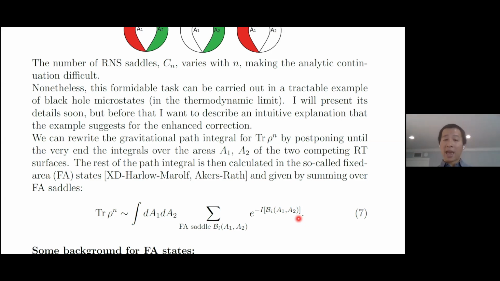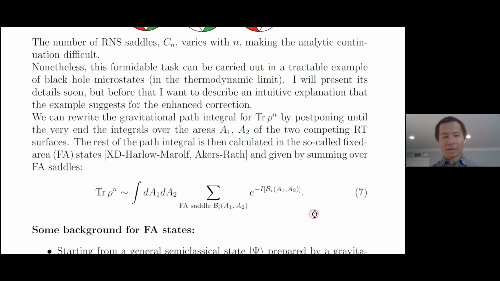Because we have fixed the area of the two surfaces, we don't expect the equation of motion to hold on those two surfaces. But away from the surfaces, the equation of motion holds, and that's why we call these saddles with the fixed area constraint.